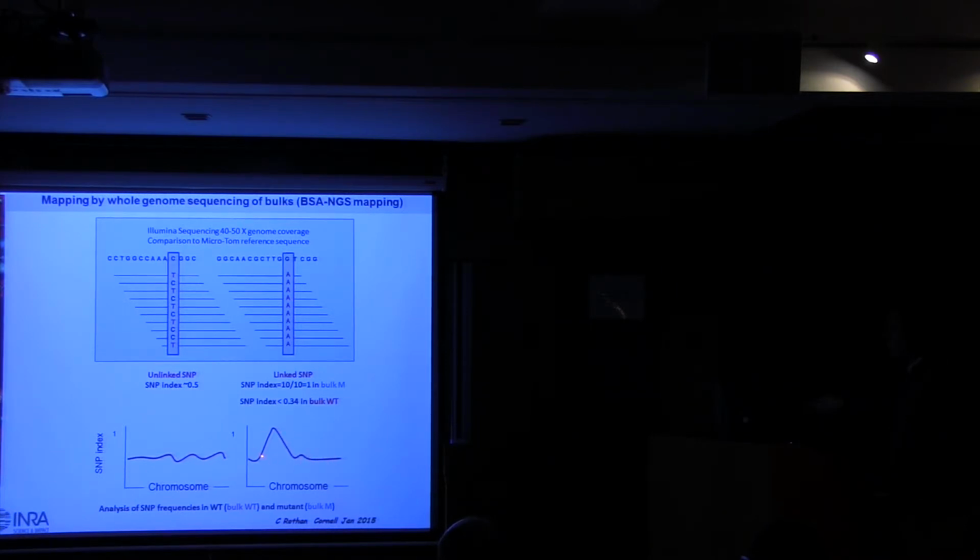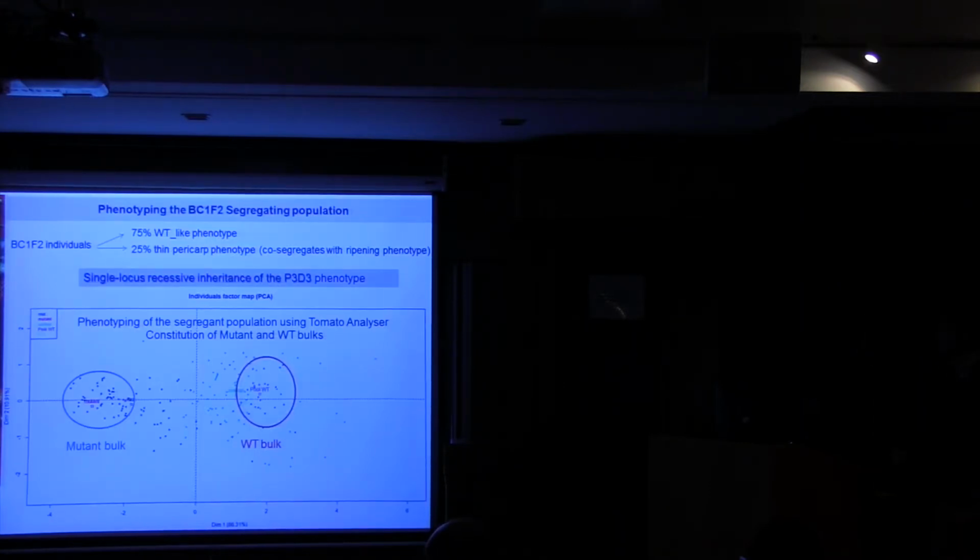And when you go very close to the causal mutation, the frequency of the mutated allele increases, but it's the opposite in the wild type bulk. What you are waiting for here is the causal mutation that has a frequency of 1. Or you can have a linked mutation that also has high frequency.